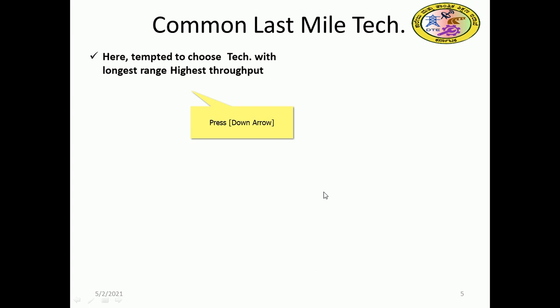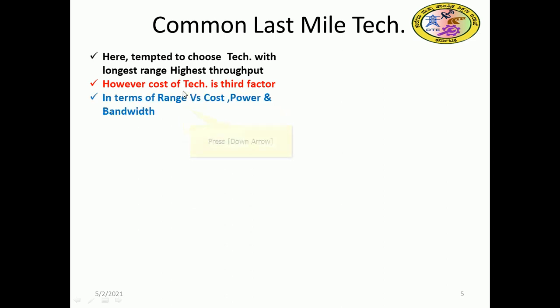Here we are tempted to choose the technology with the longest range and highest throughput. Which technology yields the highest data rate as the distance to the receiver endpoint increases, right? They need good throughput and long distance should be covered. However, the cost of the technology may not matter, whatever the cost may be, people can afford it.